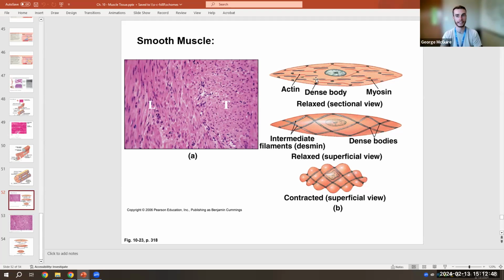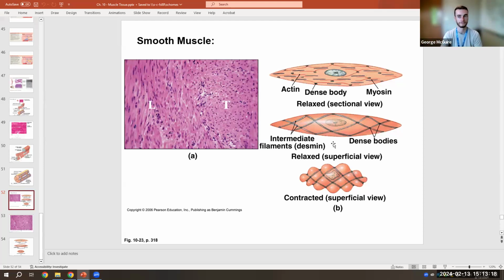All of the actin filaments that are going to be pulled by the myosin are attached to those intermediate filaments at these dense bodies. And so when myosin pulls on the actin, instead of shortening a sarcomere, like we saw with skeletal muscles, it's just pulling these dense bodies towards the center of the cell, essentially. And so we get this contracted, squished looking muscle rather than just a shortened version of what we had before.